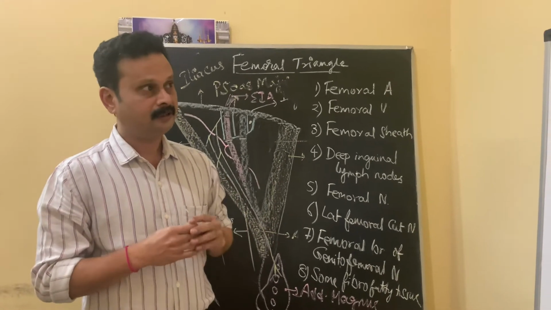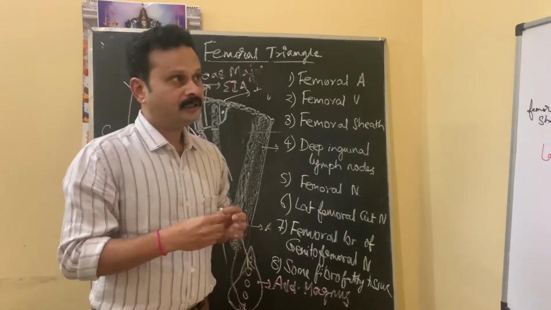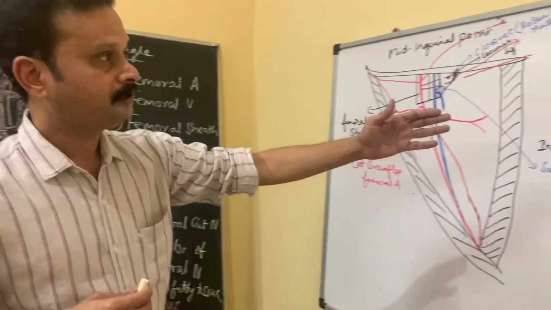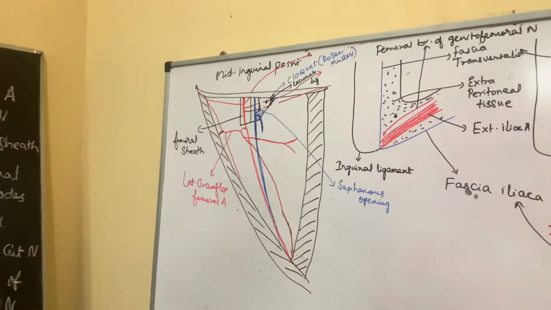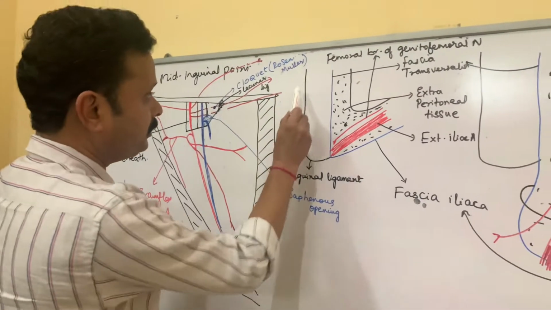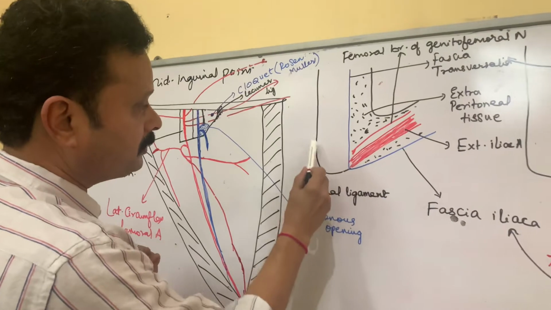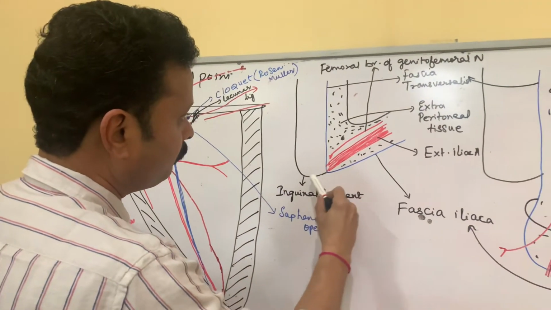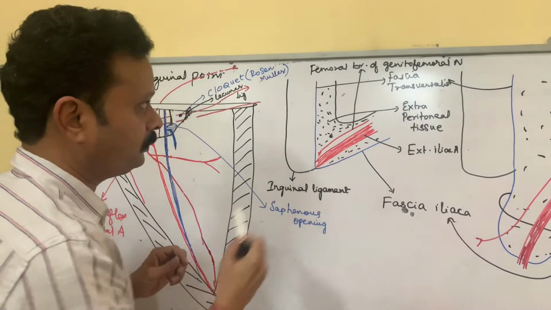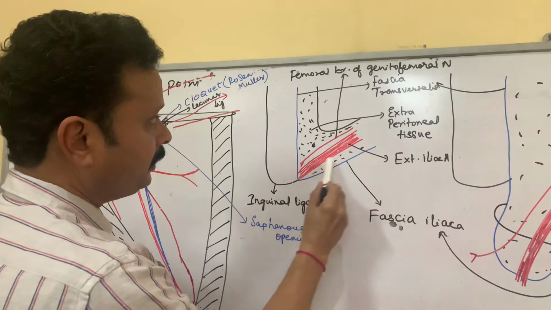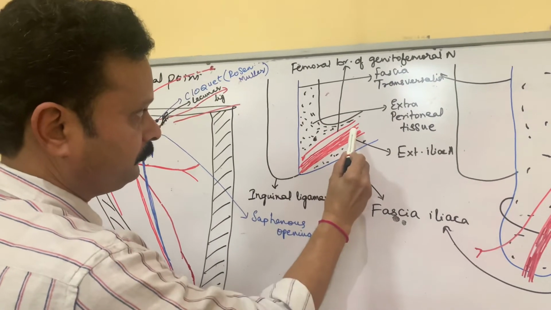If you see the formation of the sheath, now in this diagram, this is the external oblique muscle and it is deeply grooved downwards, so that is forming the inguinal ligament. And these dotted things are the extraperitoneal tissue.